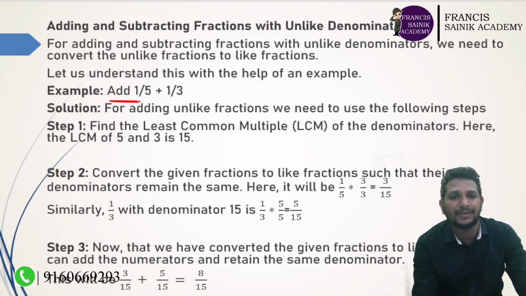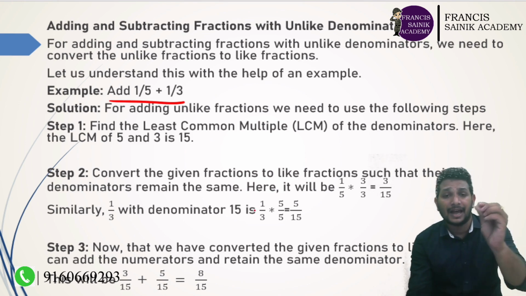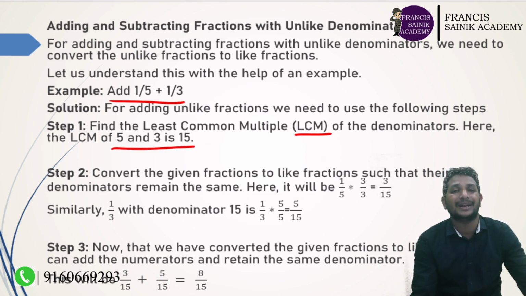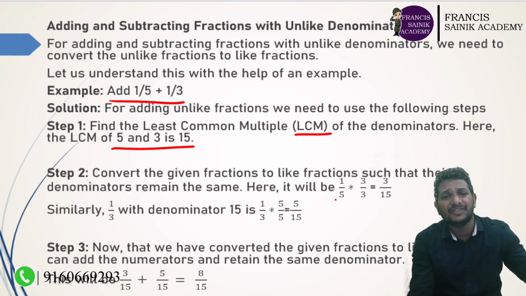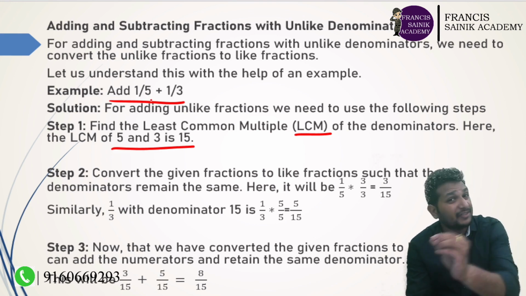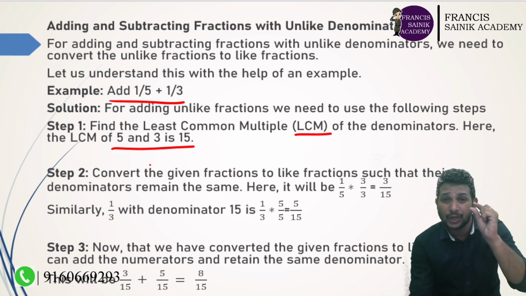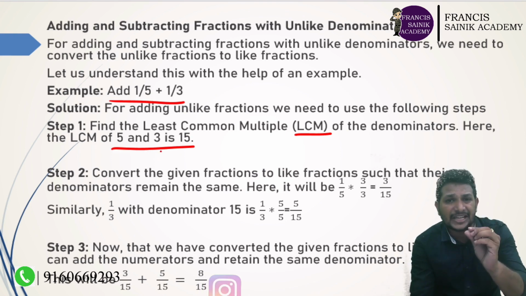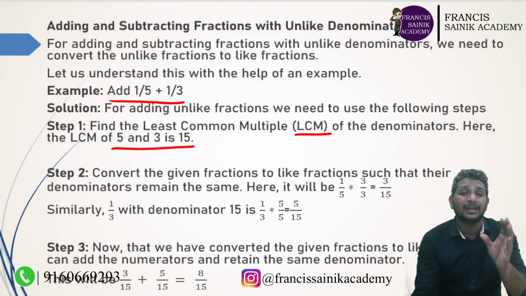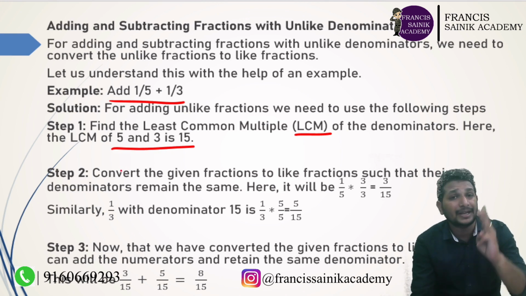As the given question contains unlike fractions, the first thing you need to do is take out the LCM of the denominators. LCM of 5 and 3 becomes 15. Over here we have two fractions, 1 by 5 and 1 by 3. As we got the LCM as 15, in the 5 table, 15 is reached how many times? 3 times.